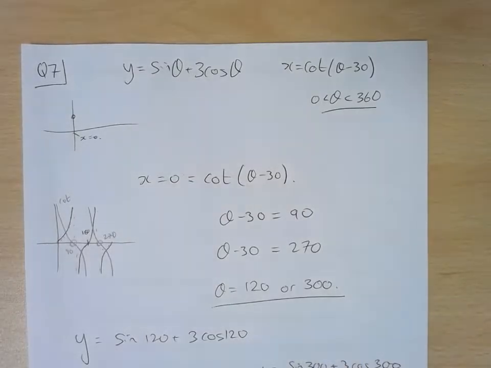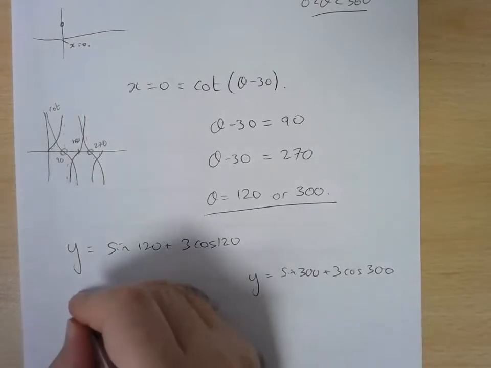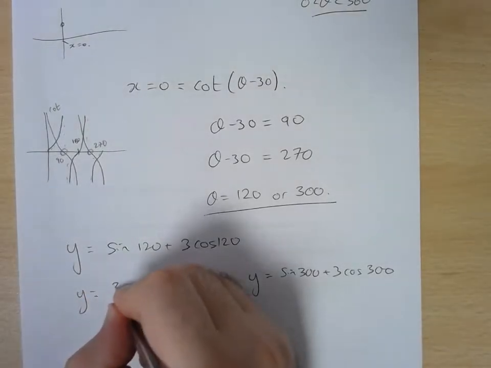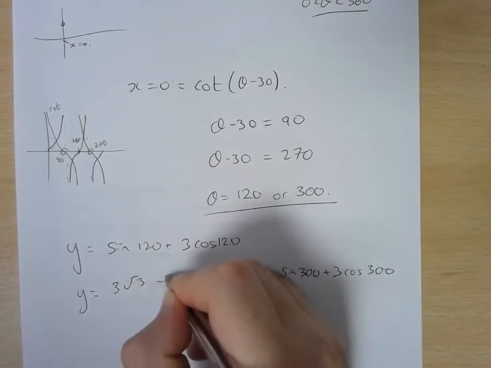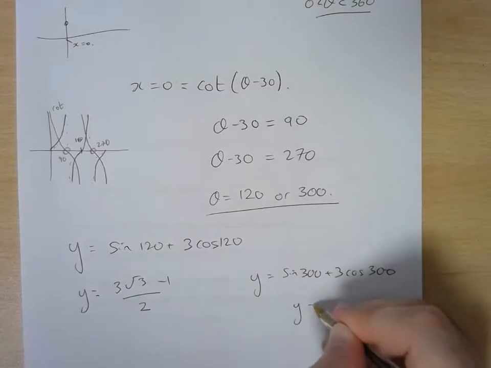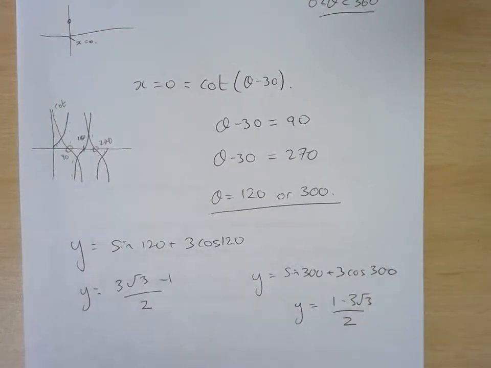You either now need to know your exact trig identities or put these straight into a calculator and get out some answers. So this one gives us y equals 3 root 3 minus 1 all over 2, and this one gives us y equals 1 minus 3 root 3 all over 2. So these are our two y answers.